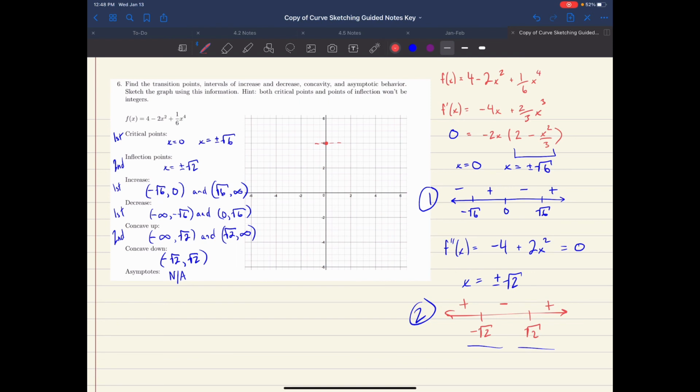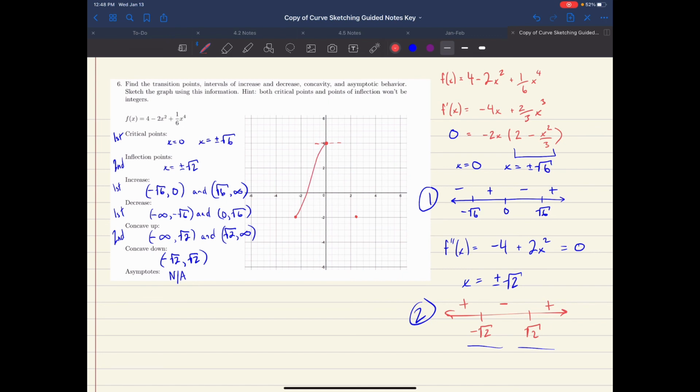We have intervals of increase and decrease. This thing is increasing from negative root 6 to 0. Negative root 6 is just somewhere in there, approximately. So from negative root 6 to 0, we have a positive slope because it's increasing.